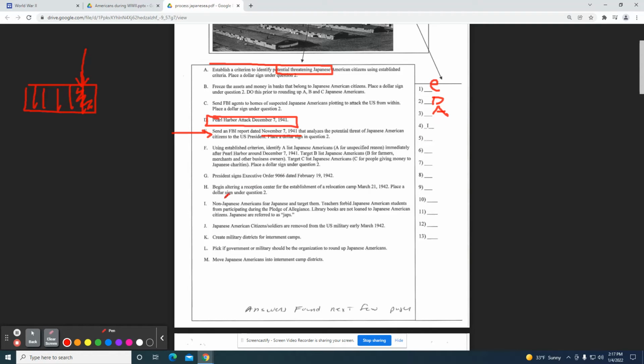The fourth thing that happens is I. Non-Japanese Americans fear Japanese and target them. Teachers forbid Japanese American students from participating during the pledge. Library books are not loaned. So this one is interesting because this is not the government. The debate here: does government have to be the only agency that's going to commit genocide?